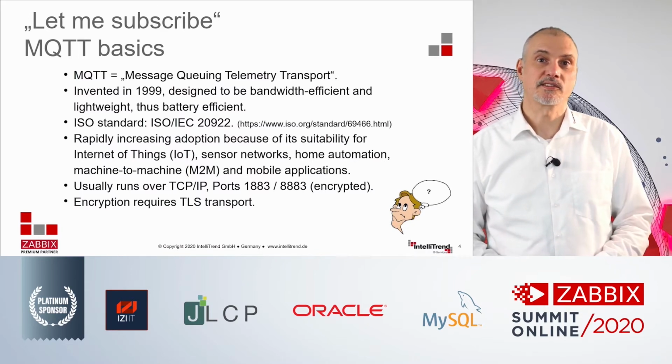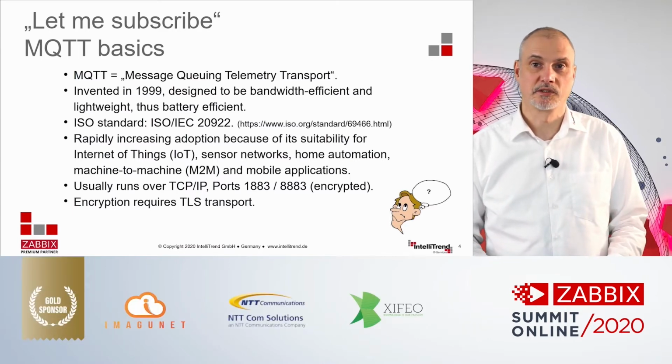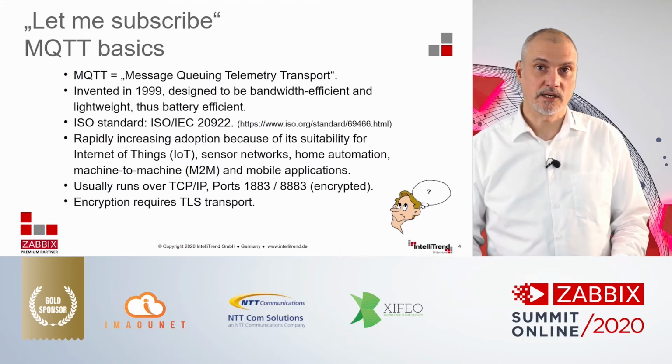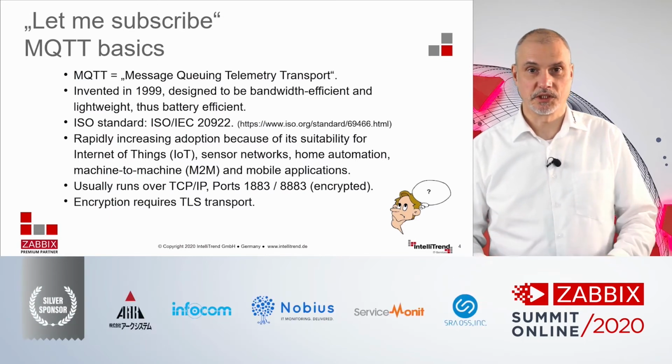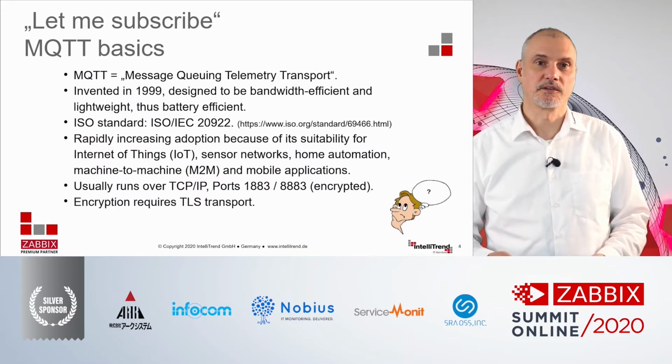It's a well-defined ISO standard, and these days it's rapidly increasing adoption because of its suitability. It's being used in the Internet of Things environment, in machine-to-machine communication, in mobile applications, and so forth.